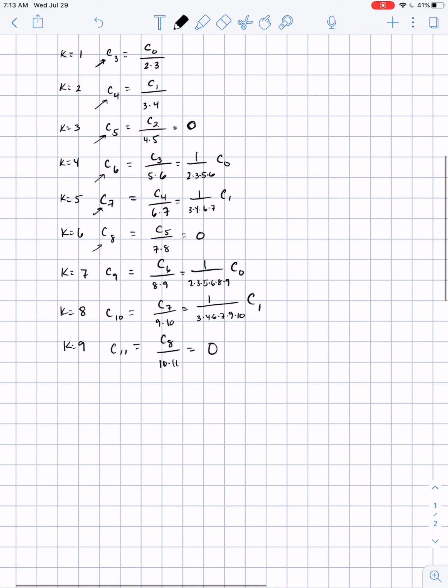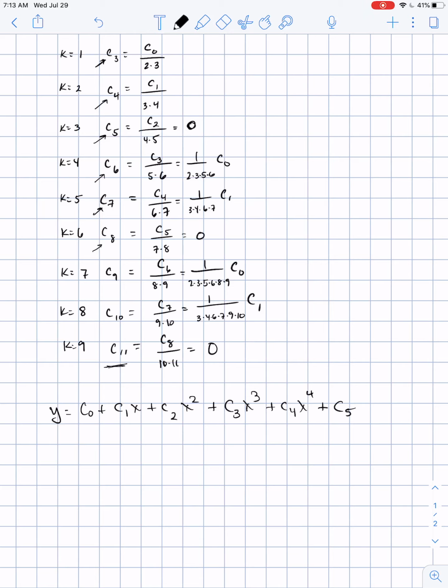Try to keep that in there. Okay, so when you're thinking of a power series, think about the terms in a power series. You have c sub 0 plus c sub 1 x plus c sub 2 x squared plus c sub 3 x cubed, and then this pattern continues, right? Now I know I went all the way up to c sub 11.